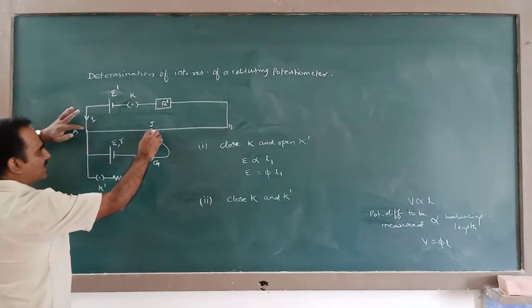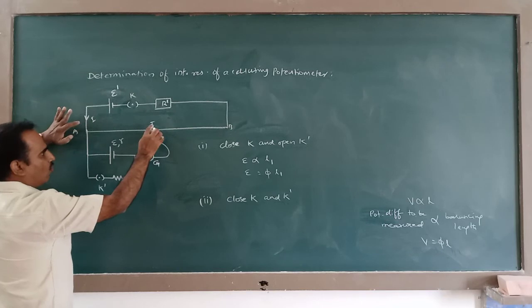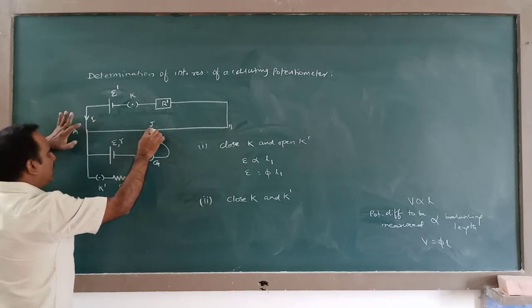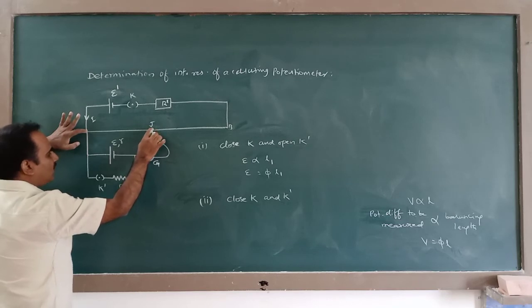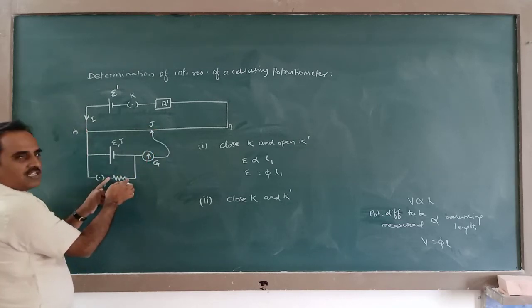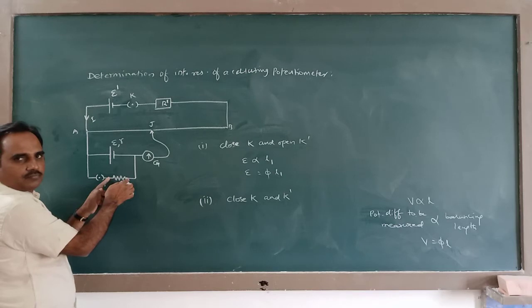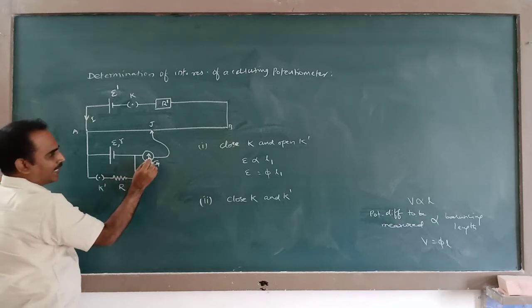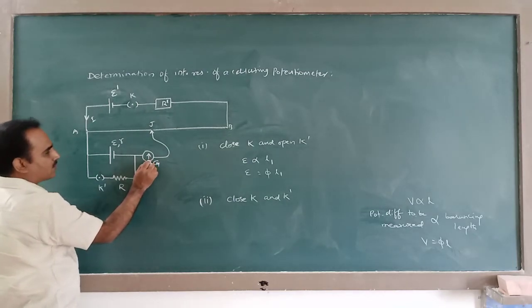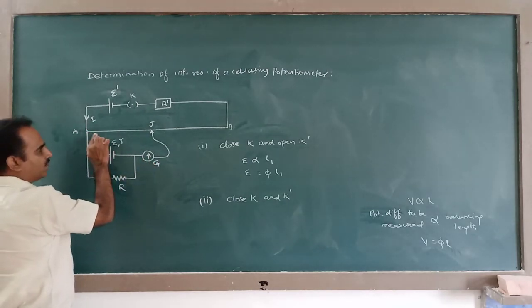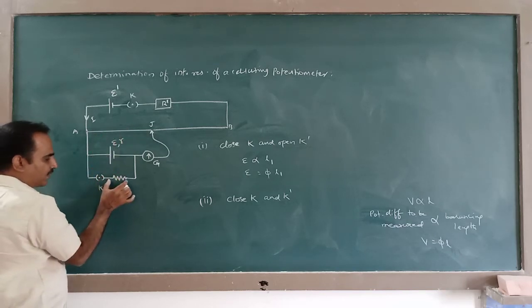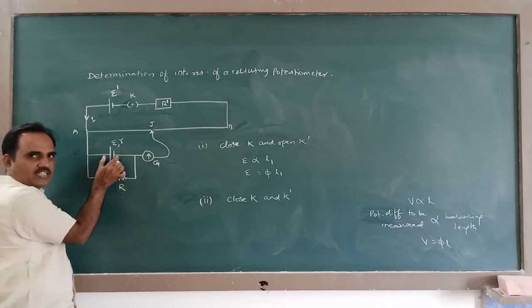So when you get this balancing point, the potential difference across this wire AJ is equal to the terminal potential difference across this. Understand? When you get zero deflection in the galvanometer, the potential difference across the wire AJ becomes equal to the potential difference across the external resistance, which is equal to the terminal potential difference across the cell.